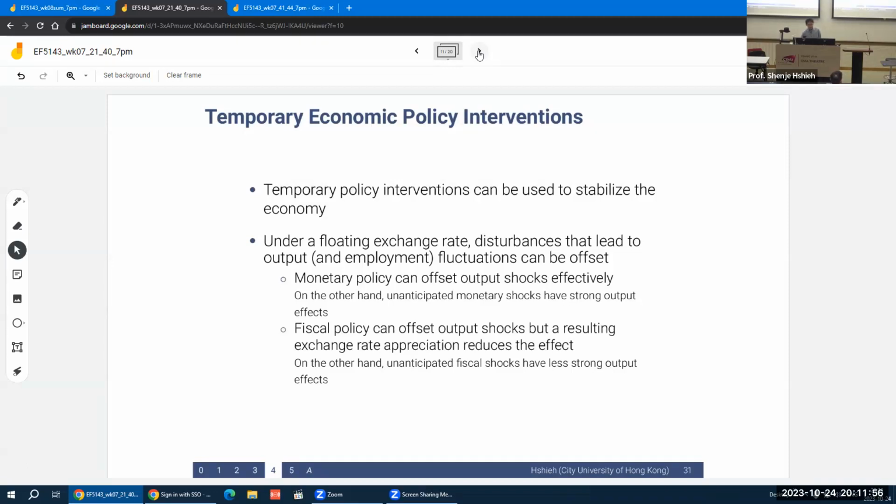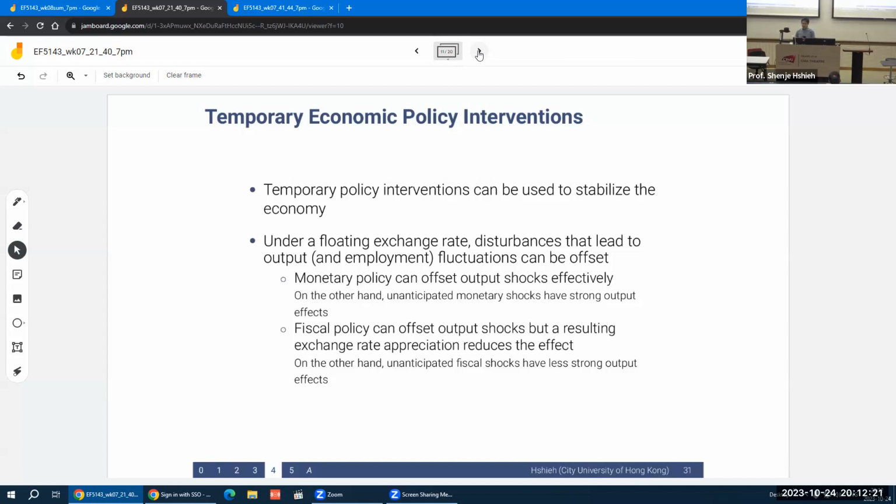So imagine if people knew that the COVID-19 thing was coming, and central banks reacted fast enough, they could actually counteract completely the output shock that was caused by COVID-19, right? So that's why monetary policy expansion becomes important under flexible exchange rates, because it's so effective.